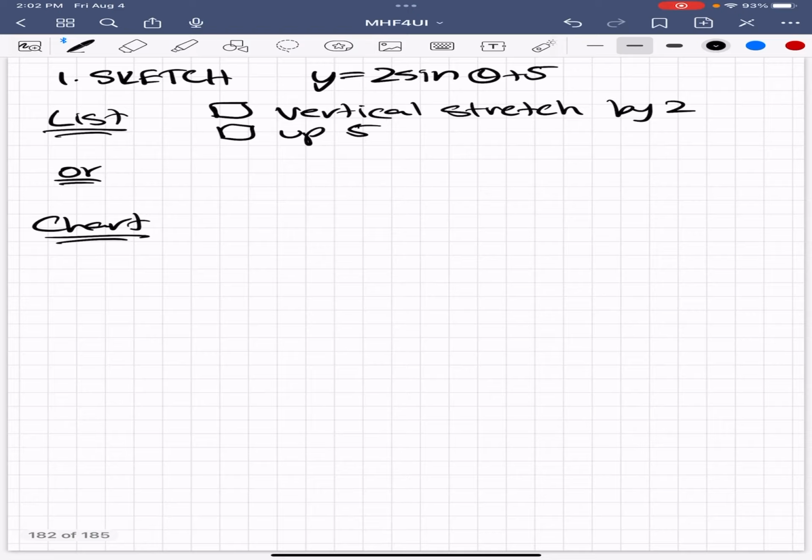And then we have a chart. Sorry, I have something in my eye here.